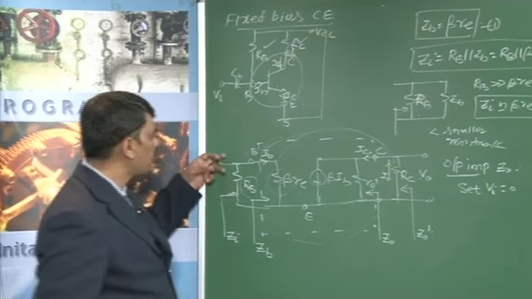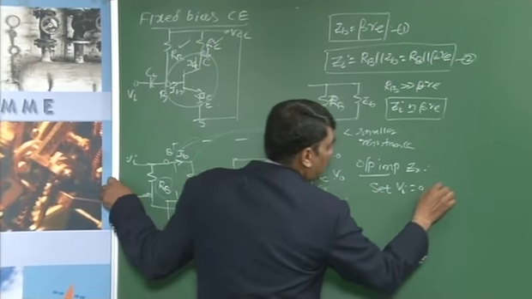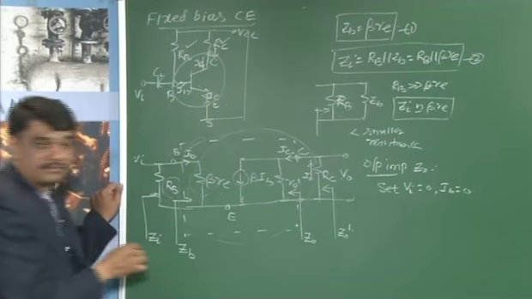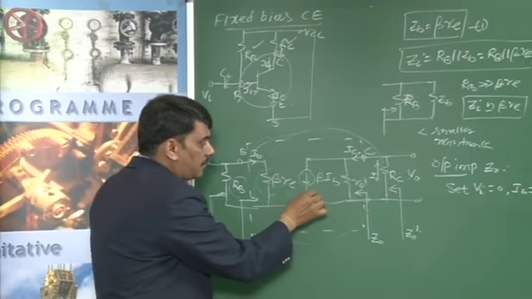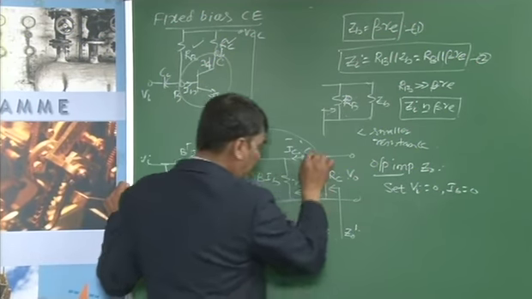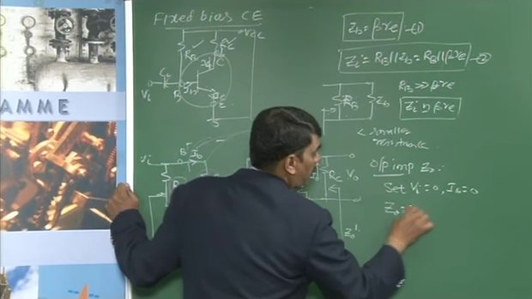When Vi is equal to 0, it acts as a short circuit. Then Ib is 0, so the current beta times Ib becomes 0, which means it is an open circuit. Then, looking into the collector base junction, Z0 is equal to R0.